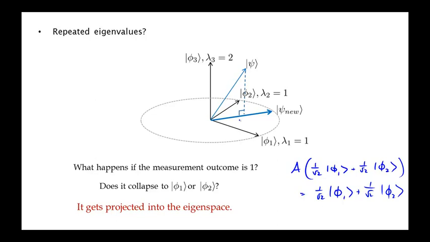Well, you can figure out the probability either by working it out as, if alpha 1 is the amplitude in this direction phi 1, then it's going to be alpha 1 magnitude squared plus alpha 2 magnitude squared. Or you could use Pythagoras' theorem and say directly the probability that you'll get this outcome is just the square of this projection. So it's this length squared.